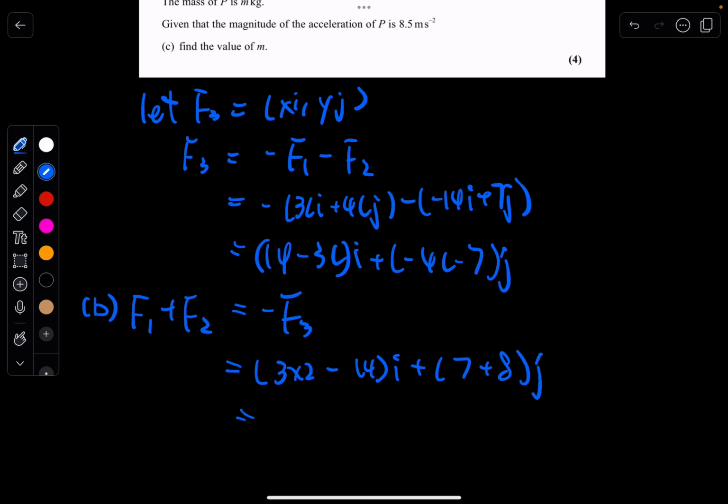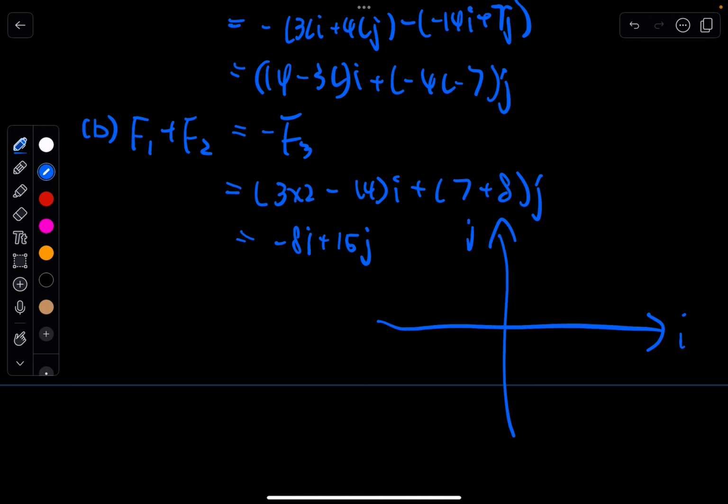Well, we can draw this. We know that the direction of i is here, and then the direction of j is here. Basically just the xy axis. This is the i vector. Okay, let me draw it better. This, and then negative 8i is like this. So we have this, and then we are finding this angle.